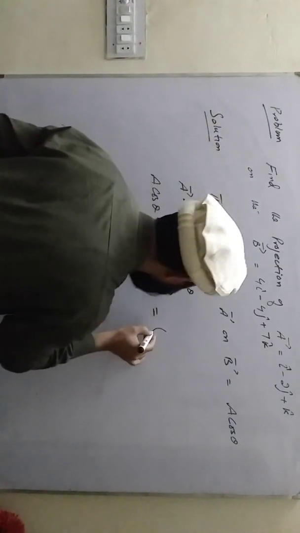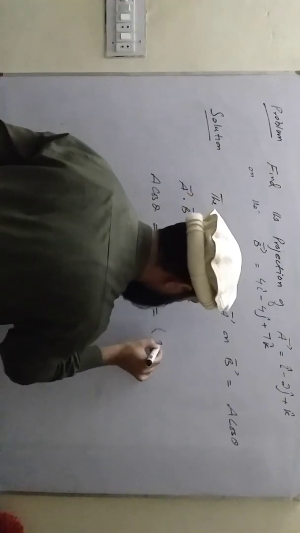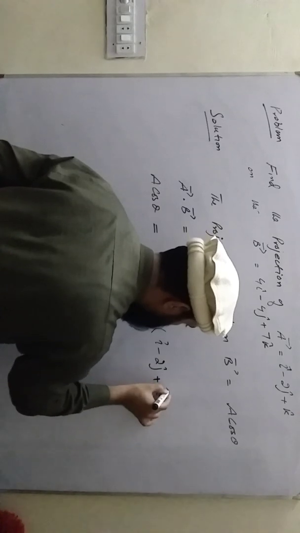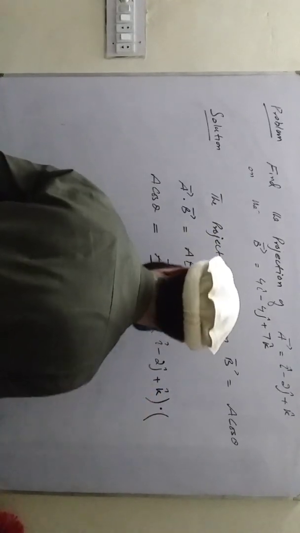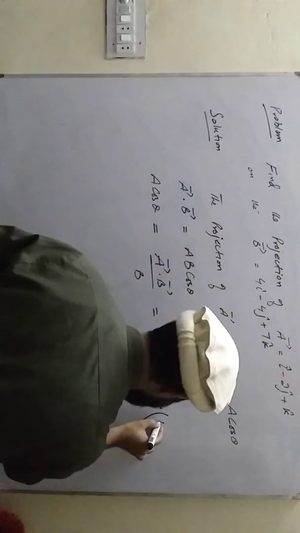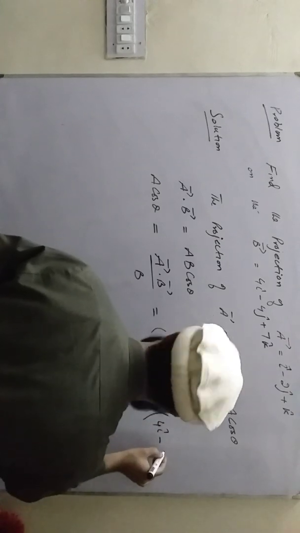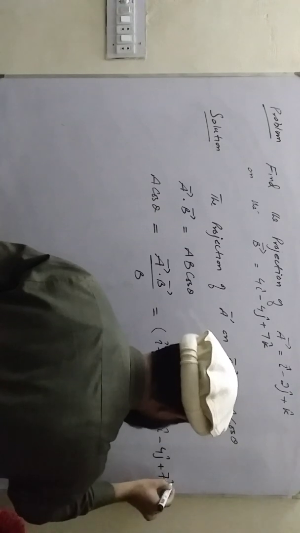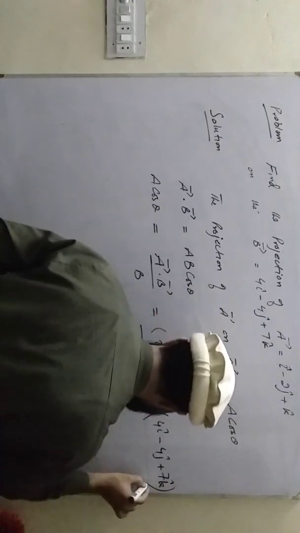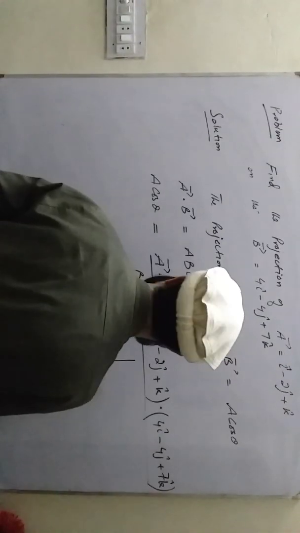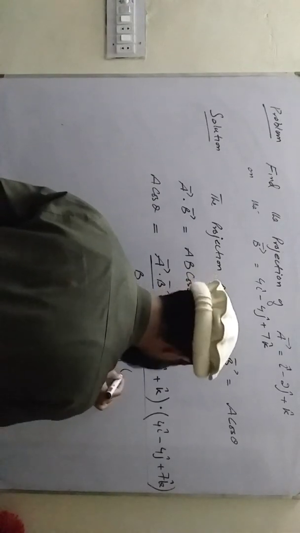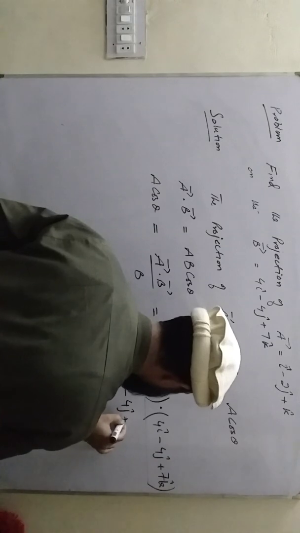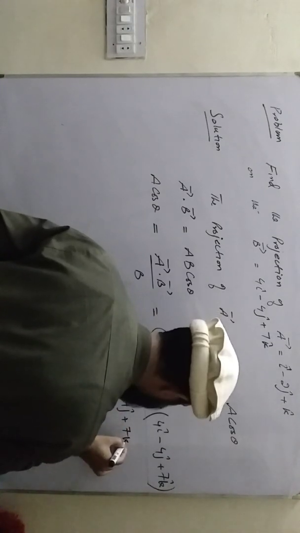Putting in the value of vector A, which is i minus 2j plus k, dot product with vector B, 4i minus 4j plus 7k, divided by the magnitude of vector B, 4i minus 4j plus 7k.